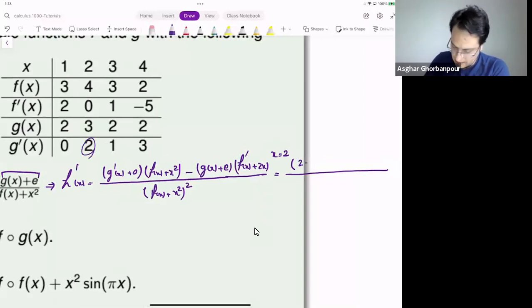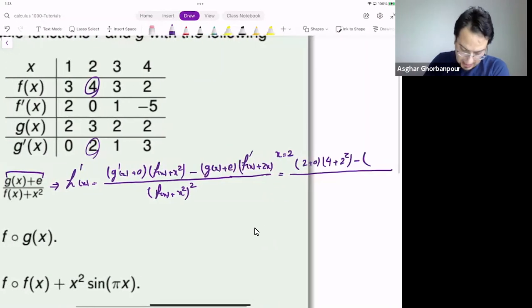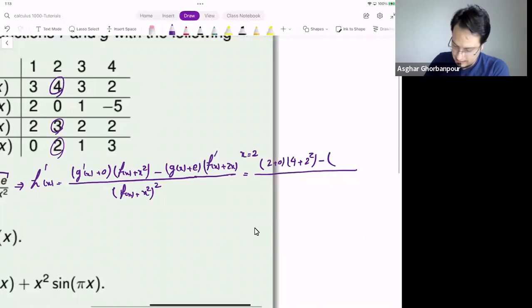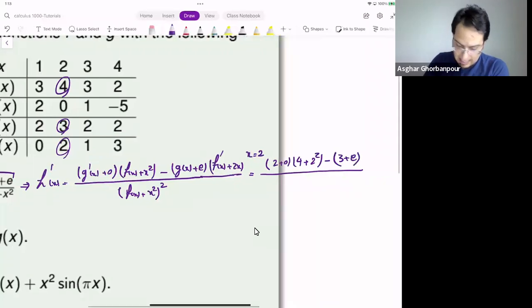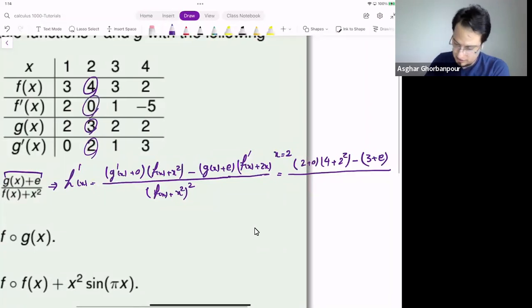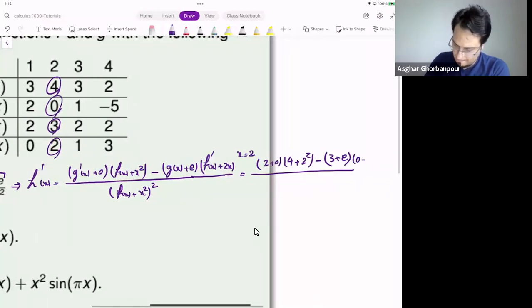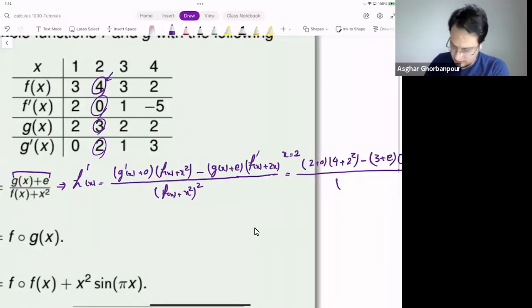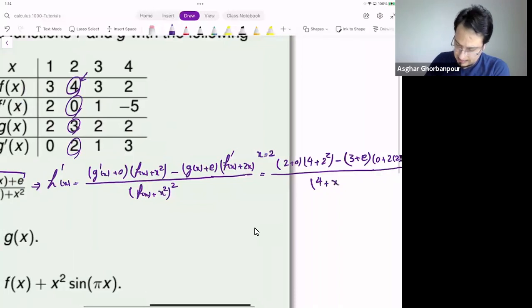It is 2 plus 0. f at 2 is 4, and plus 2 squared, minus g itself at 2 is 3, and f prime at 2 is 0, and this is 2 times over f at 2, which is 4 plus 2 squared to the power.